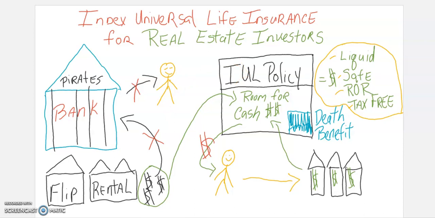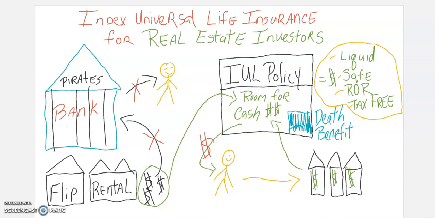Because the bank's doing the same thing. They're lending it out, they're borrowing the money. It's true OPM, true other people's money, and they're putting it in bank-owned life insurance. So why not utilize the IUL and reap the benefits for yourself, guys? Let's reposition even a small portion of the profits into the IUL policy.